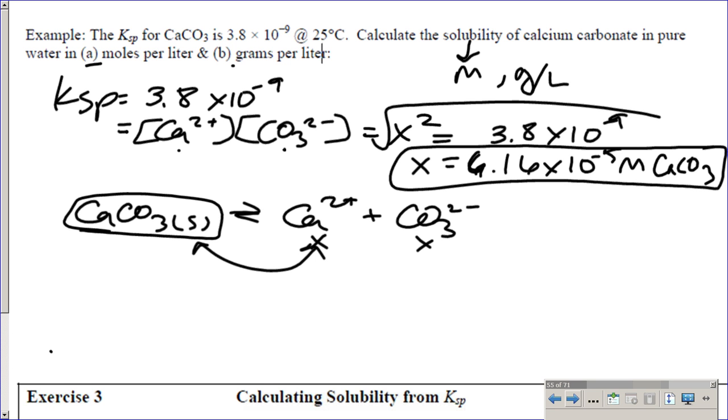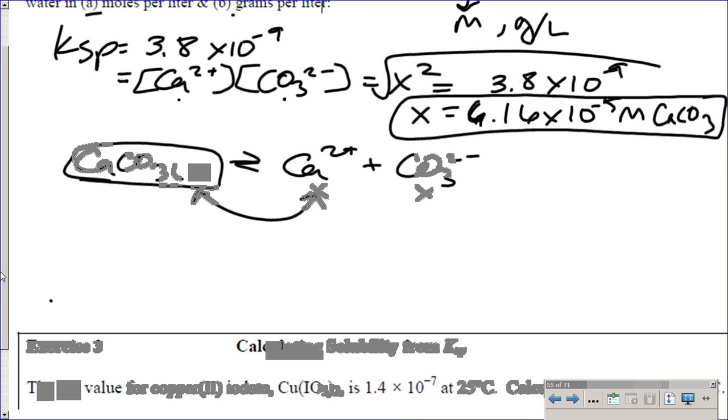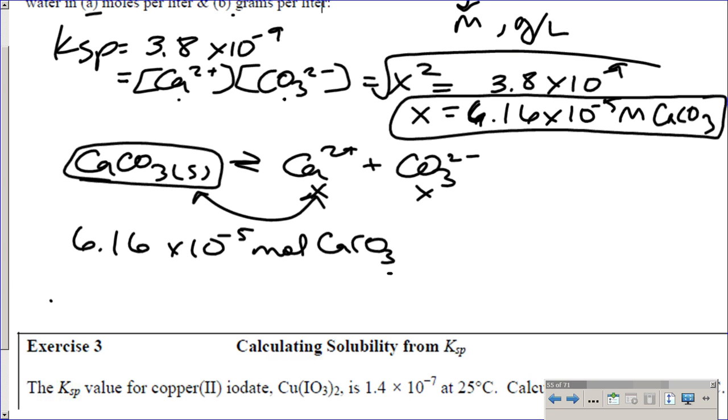And then your job is to take molar solubility to grams per liter, which is pretty easy. You got moles per liter. How do you get to grams per liter? All right, so you use molar mass in some form. So 6.16 times 10 to the negative 5th moles of calcium carbonate per liter solution. And then to get to grams, you just need to put moles on the bottom, grams on top.